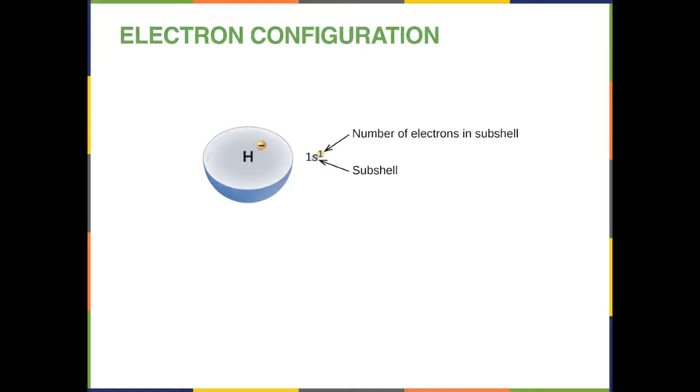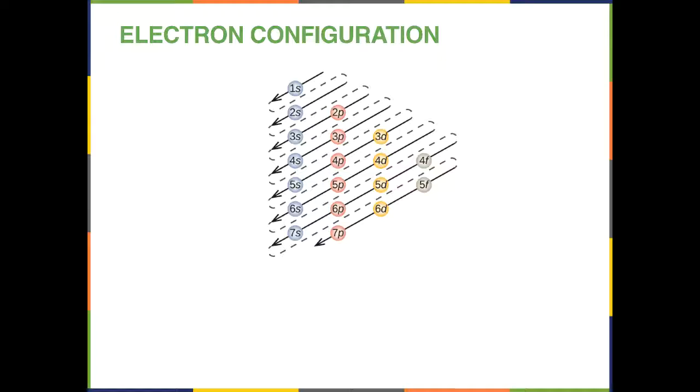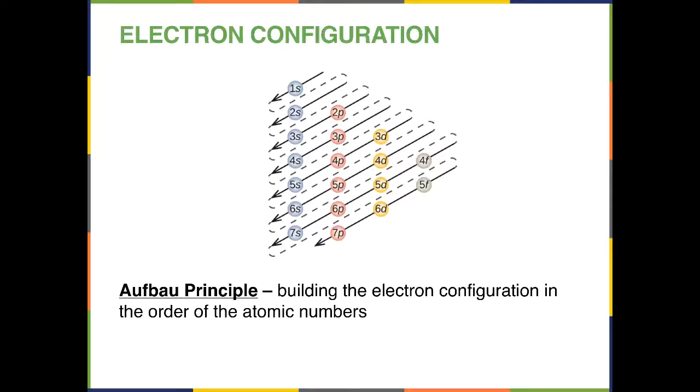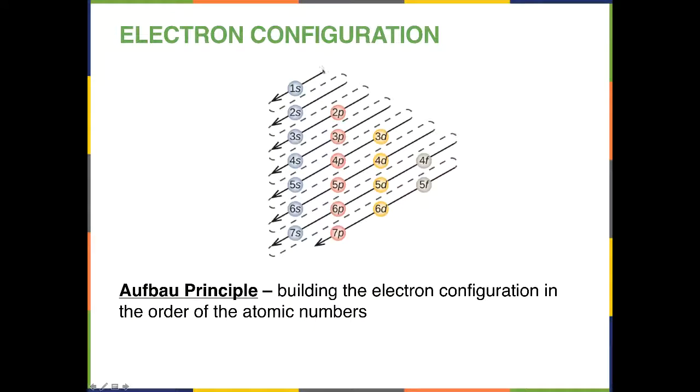Remember, I said that we were going to show the Aufbau principle, which is very similar to what we talked about a minute ago. The Aufbau principle says that you build the electron configuration in the order of the atomic number. You start with atomic number 1 up here, and you go to here.